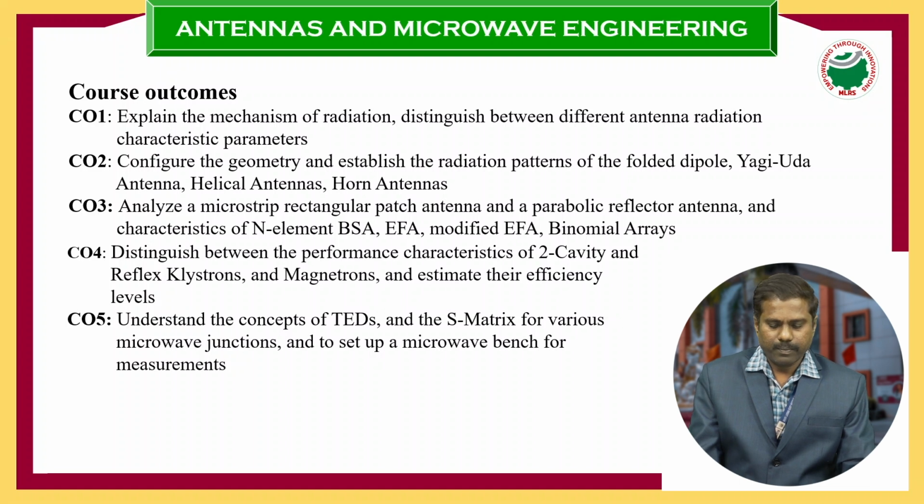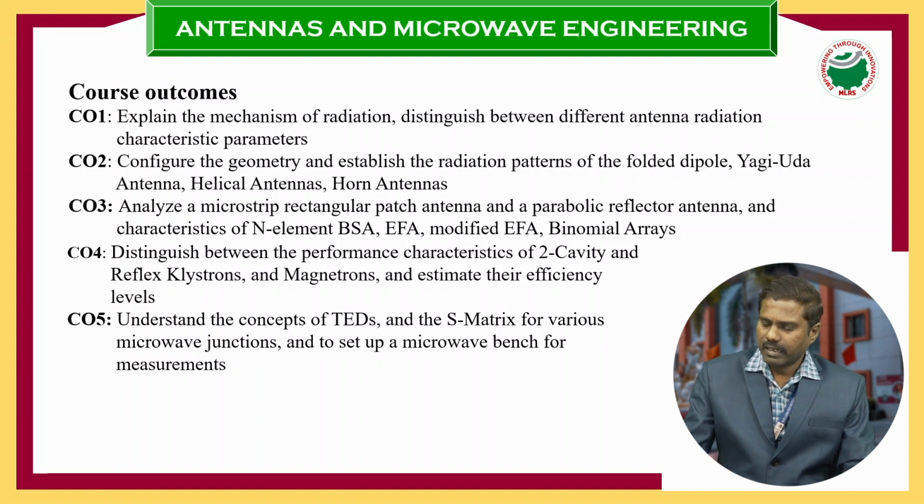The fourth one is the two cavity klystrons, O tubes and magnetrons. And the fifth course outcome is about solid state devices which are effective in amplifying the signals. These are the outcomes of antennas and microwave engineering.